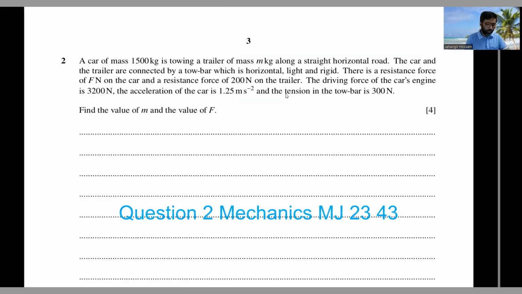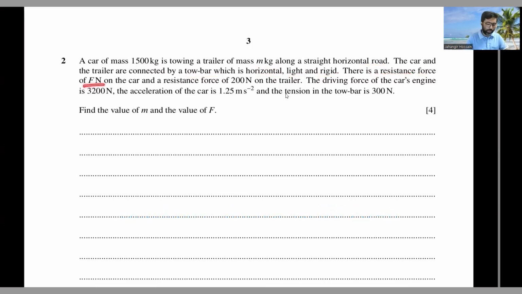In question 2, a car of mass 1500 kg is towing a trailer of mass M kg along a straight horizontal road. The car and trailer are connected by a tow bar which is horizontal, light, and rigid. There is a resistive force of F Newton on the car and a resistive force of 200 Newton on the trailer.